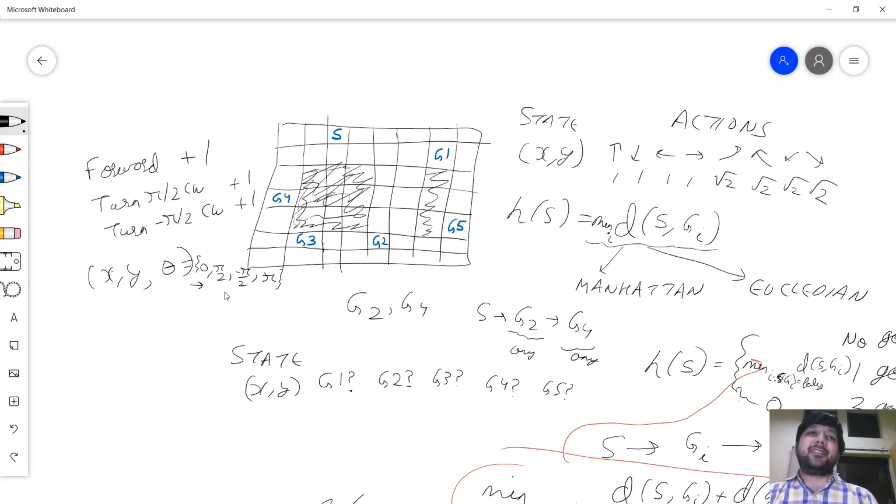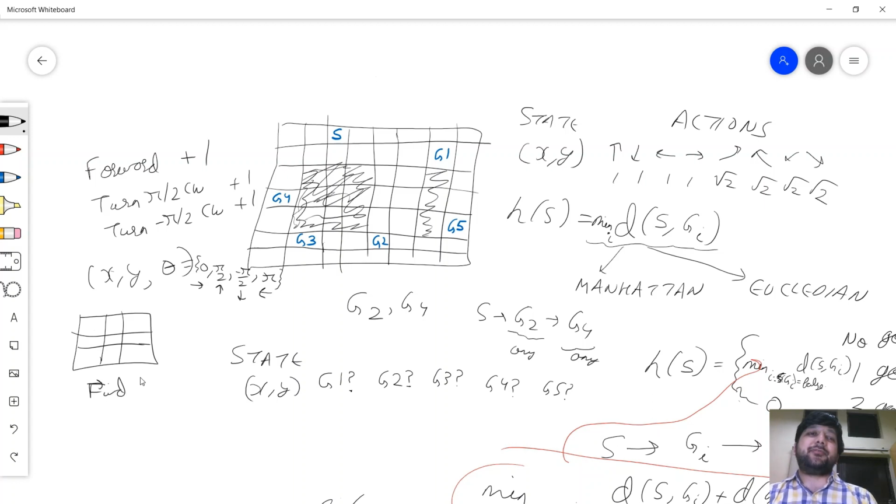So this is 0, this is 90, this is minus 90, and this is 180. And depending upon that, you only move forward. So just a case, if I need to move from this source to this goal, my actions will be forward, forward.